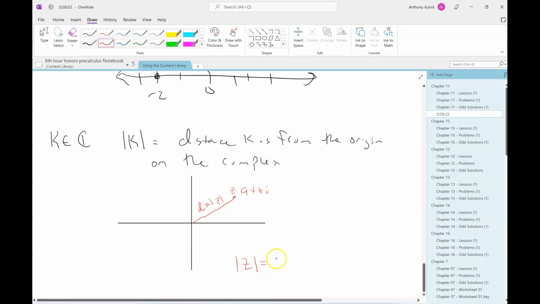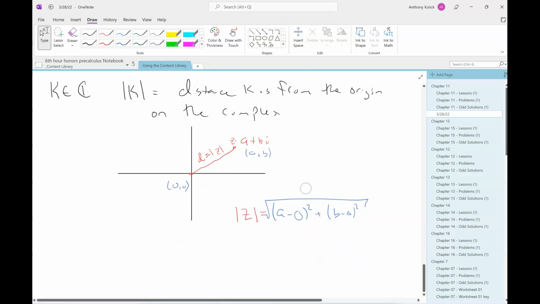Yeah, so I could use the distance formula. So if I think about this as the point a comma b, and this would be the point 0, 0. What does that really simplify down to then? Yeah. The square root of a squared plus b squared. Boy, that looks familiar, doesn't it?